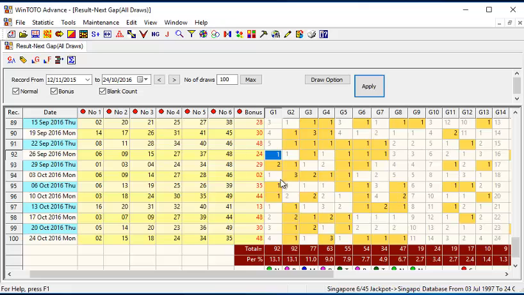Probably wait for 1 more draw, then take a close look at it again. I think that would be a better choice.